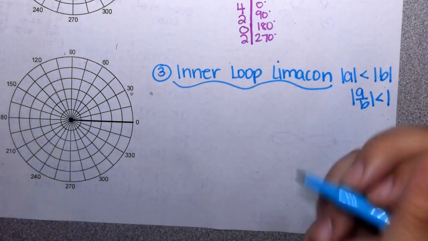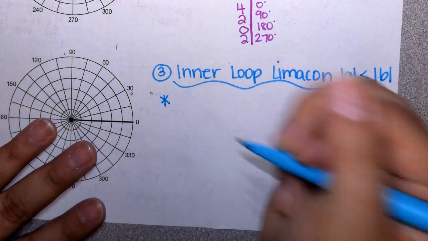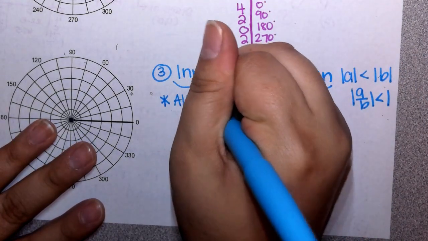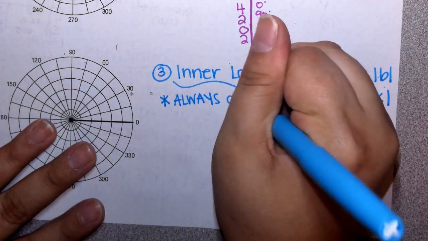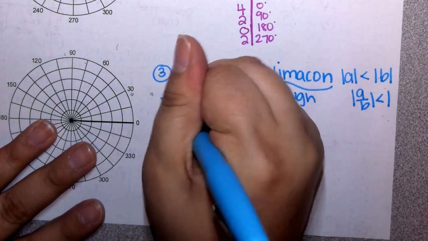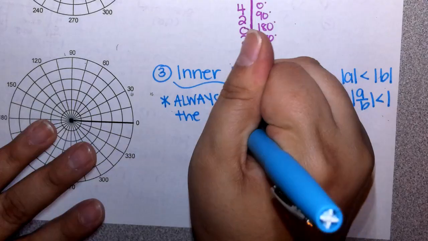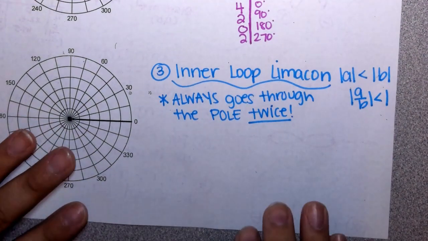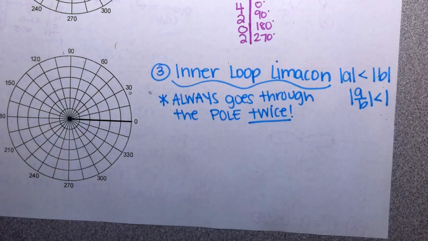For this one, inner loop limaçons always go through the pole twice. Because it does make that loop. It always goes through the pole twice.